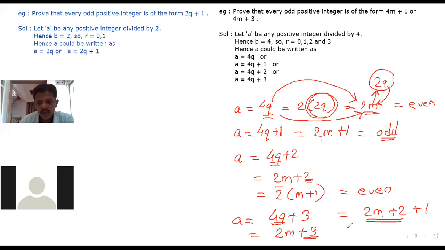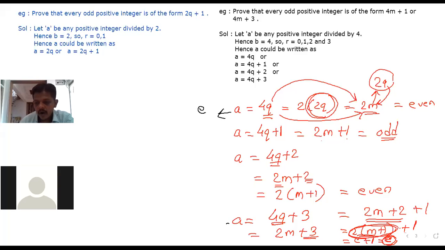Out of the first two terms, if I take out 2 common, I get 2 times m plus 1, plus 1. 2 into anything is even. This entire thing becomes even. Even plus 1 is always odd. So what have I got? I have got 4q as even.